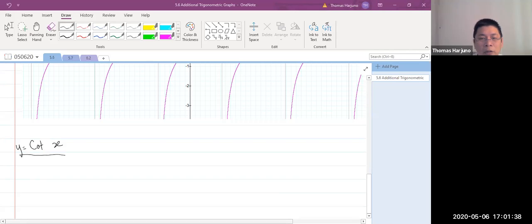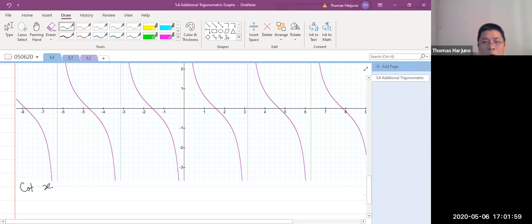Let me quote the graph from somewhere. Oh, you know what? I just do it here right away. This is the graph of cotangent x.